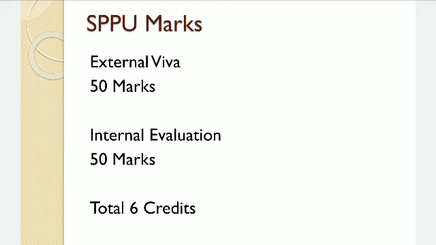Again, internal evaluation is there for 50 marks. Your internal guide or faculty, along with the head of the department and director of the department, will do the internal evaluation, and 50 marks will be given by the institute, that is Rajgarh Institute. This particular subject is for a total of 6 credits.